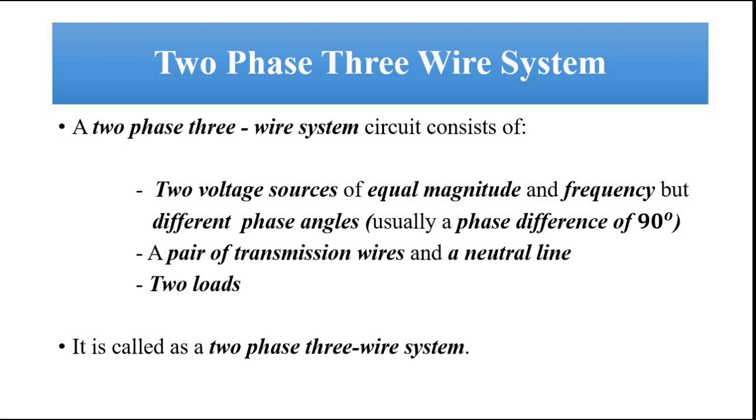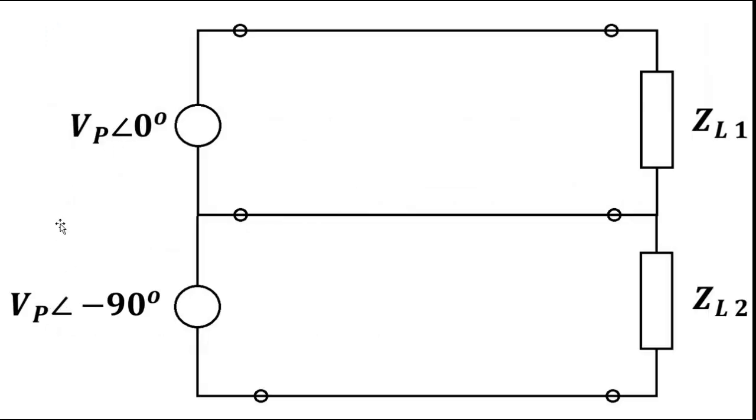Same thing as before, the construction is the same, but here the two voltage sources that are used have the same magnitude and frequency but different phase angle. Usually there is a phase difference of 90 degrees with respect to each other. That is the common system. So same thing, two voltage sources, equal magnitude and frequency but different phase angle, two pairs of transmission line, each connecting one end of either voltage source to the load, and then one wire which is taken from the common point on the voltage side to the common point on the load side.